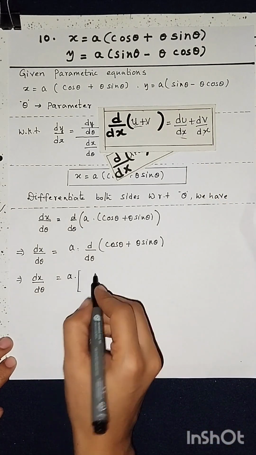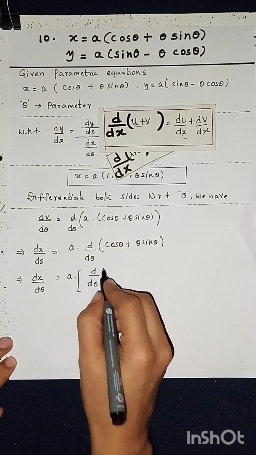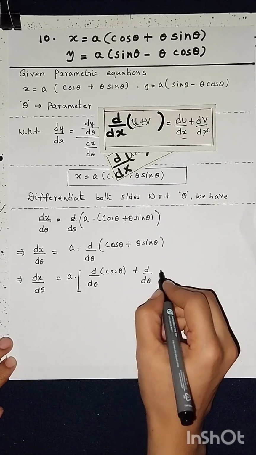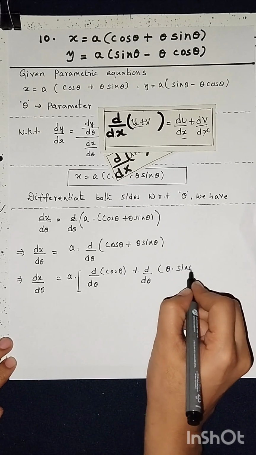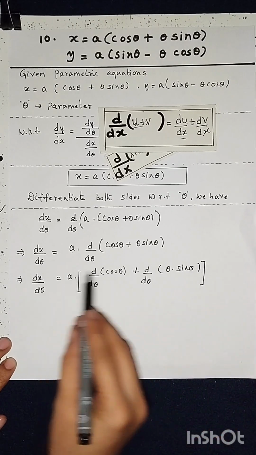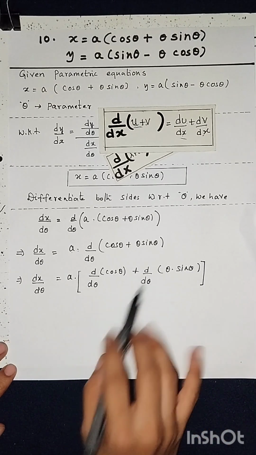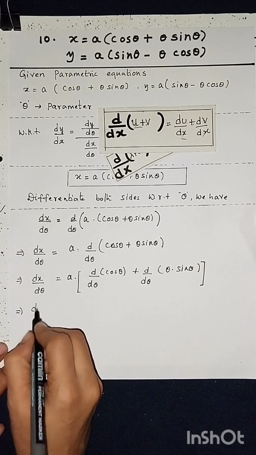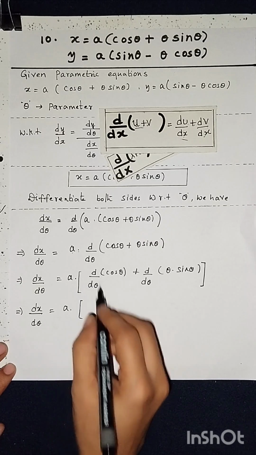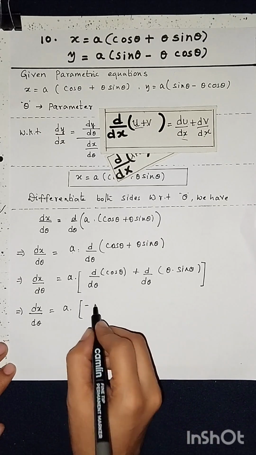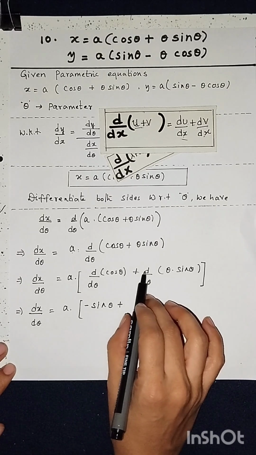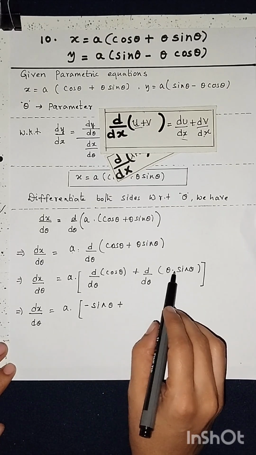So here we will get d by d theta of cos theta plus d by d theta of theta sin theta. You have to put the brackets because a is multiplied to both the terms here. Now dx by d theta is equal to a into derivative of cos theta is minus sin theta plus d by d theta of function into function, right?